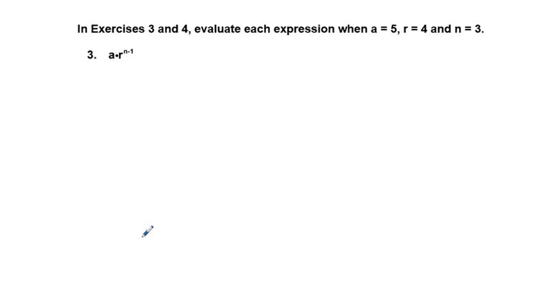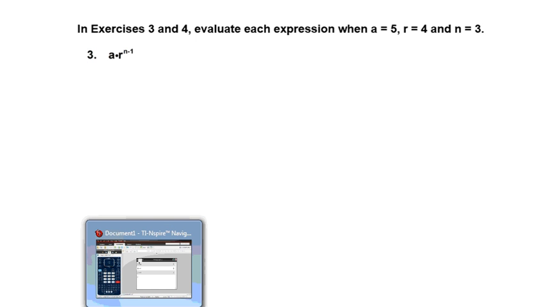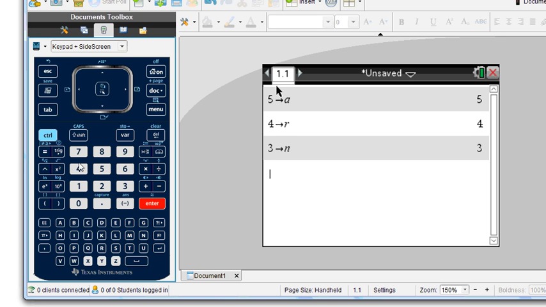If we go back to the equation, we have a times r to the power of n minus 1. So we'll put that in: a times r to the power of, and I'm going to put this in parentheses, n minus 1.